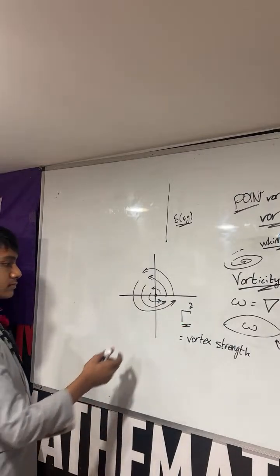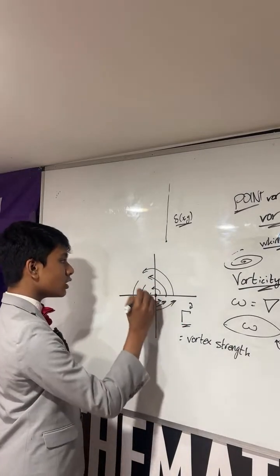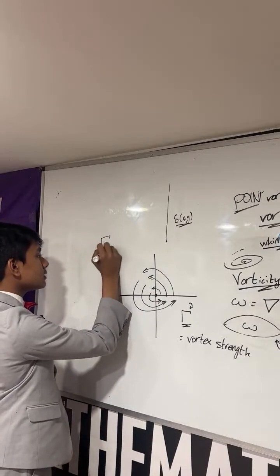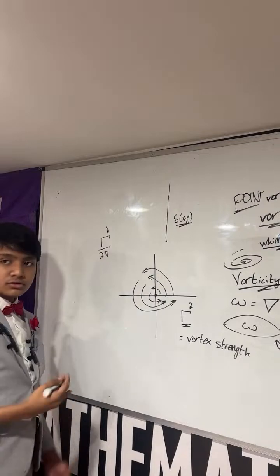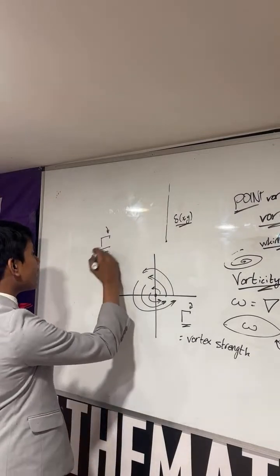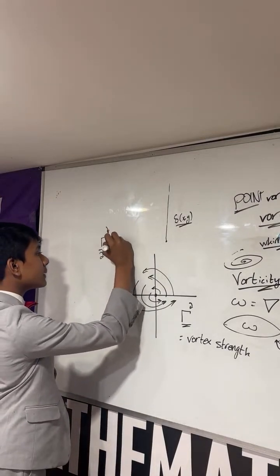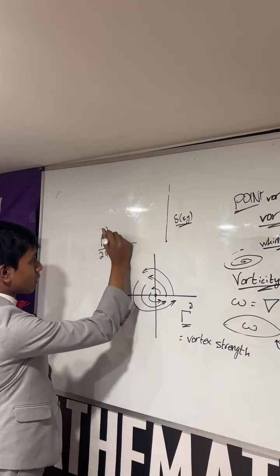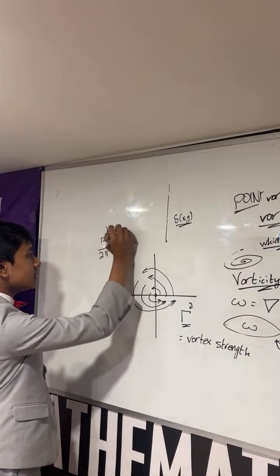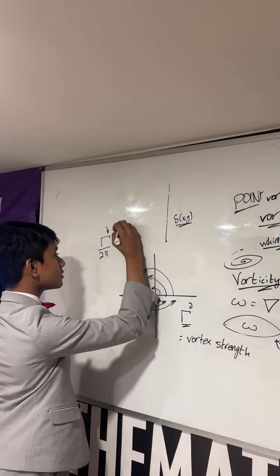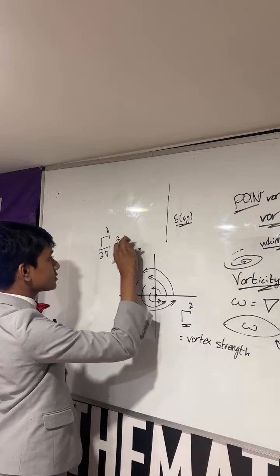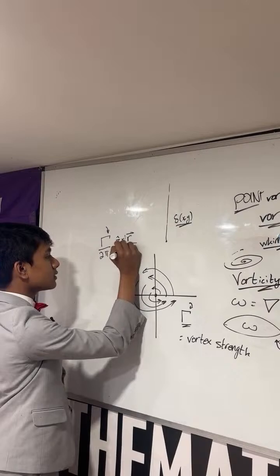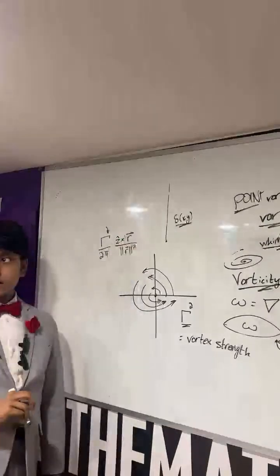So then, this fluid velocity induced is going to be that vortex strength divided by 2 pi multiplied by z, the unit vector in the z direction, cross, I guess I'll just write it as r, divided by the magnitude squared.